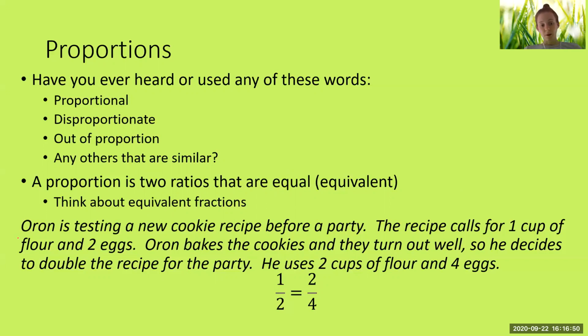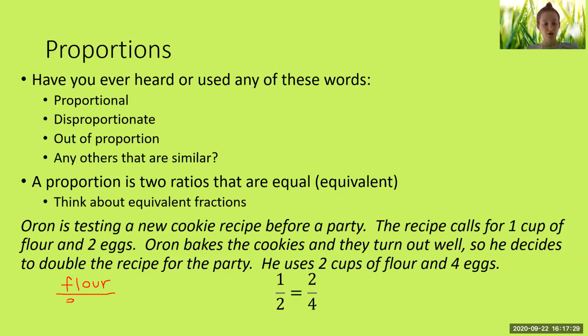So I have an example here. It says, Aron is testing a new cookie recipe before a party. The recipe calls for 1 cup of flour and 2 eggs. Aron bakes the cookies and they turn out well, so he decides to double the recipe for the party. He uses 2 cups of flour and 4 eggs. So what Aron has done is he has created a proportion. We have this situation where we're comparing cups of flour to number of eggs.